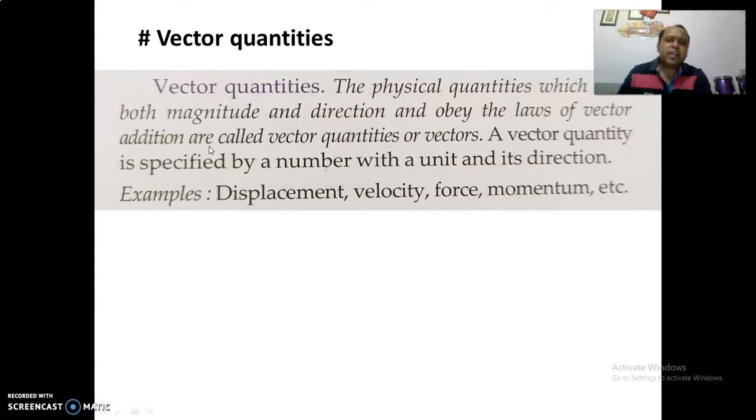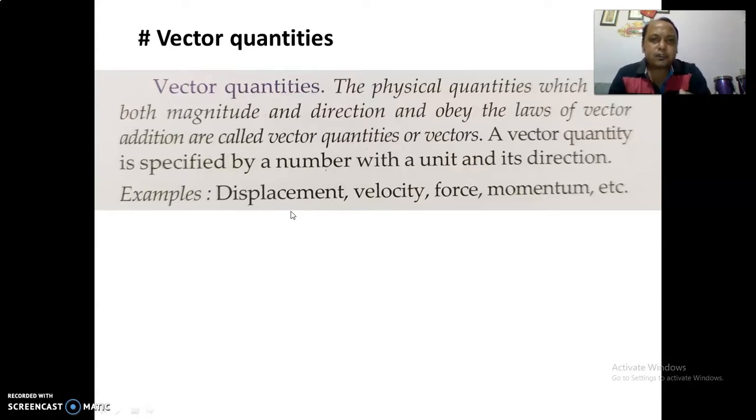Now some of the examples are displacement, velocity, force, momentum. Displacement is distance traveled in a particular direction. Suppose the distance traveled is 5 meters towards west. If we add this towards west, then this becomes the displacement, which is a vector quantity. Similarly, force. Suppose a body is being pulled by a force of say 5 newtons.